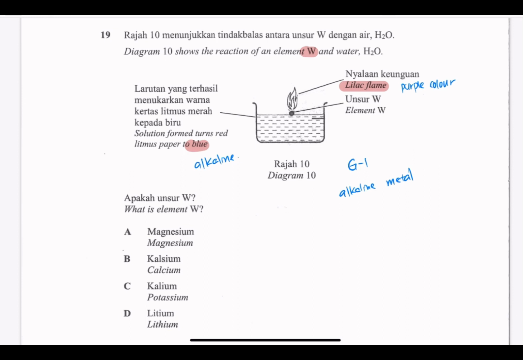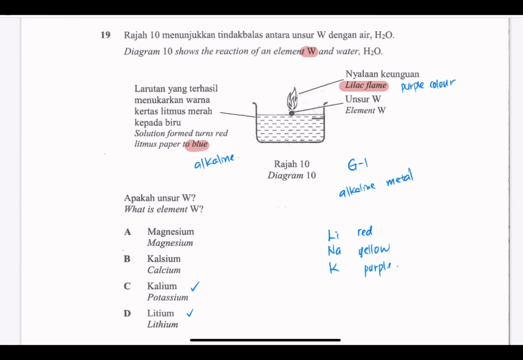Okay, we have two different answers, potassium and lithium. So second, we have to check the colour. The colour is lilac flame. In group 1, we have lithium, sodium, and potassium, and the flame colours are red, yellow, purple.